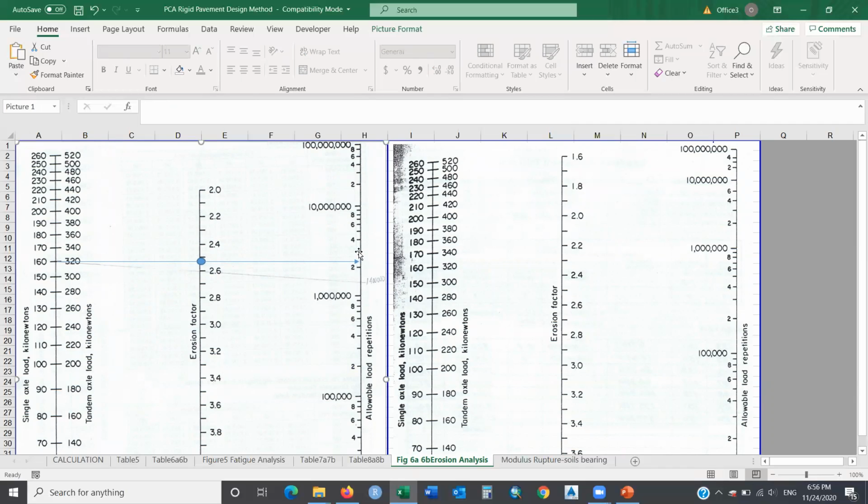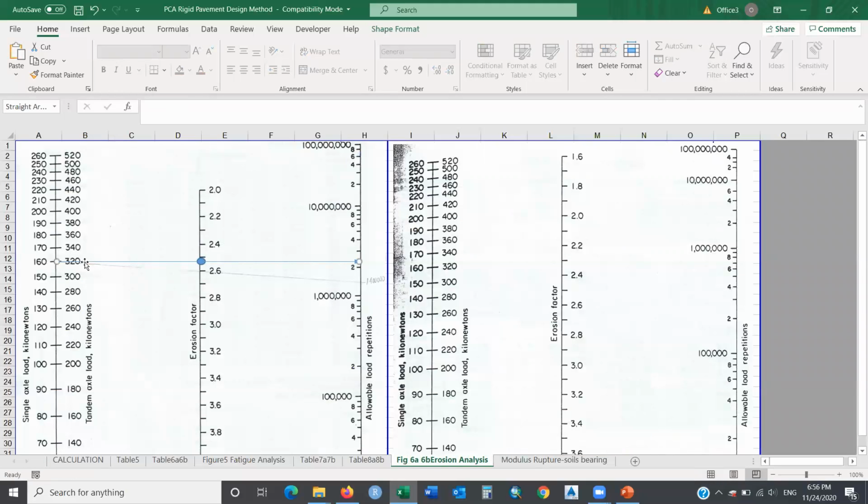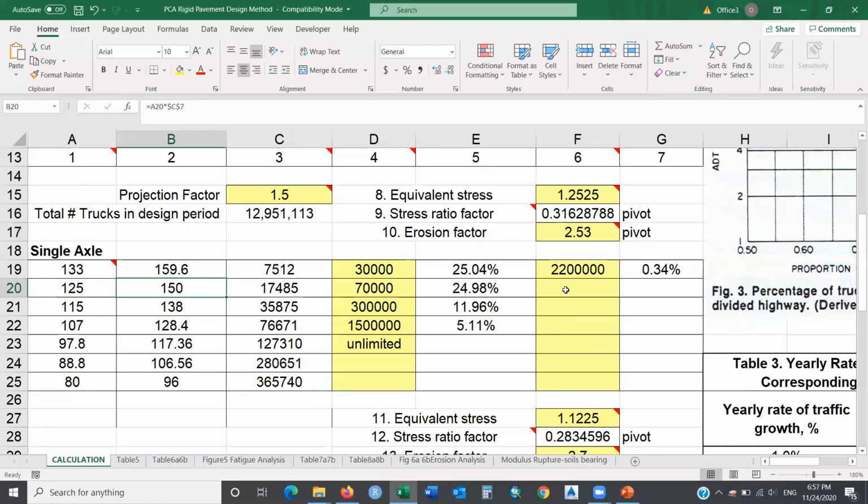This is 2 million, this is 3 million. So I will say this is 2.2, 2.3 million. $150. $3.8 million. $138.